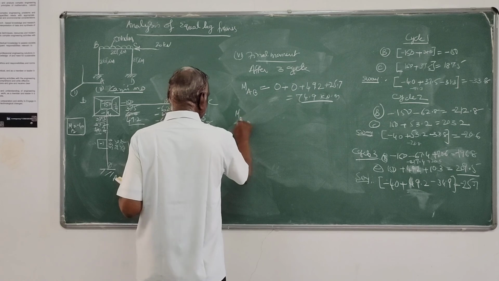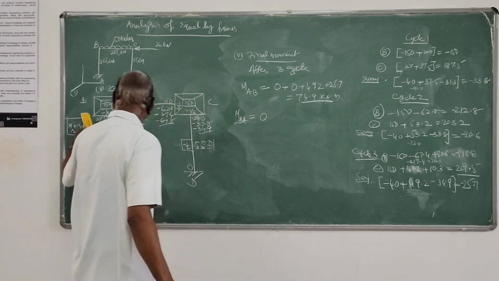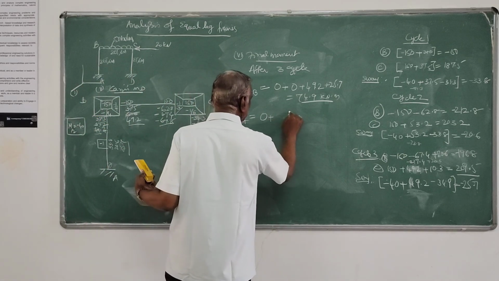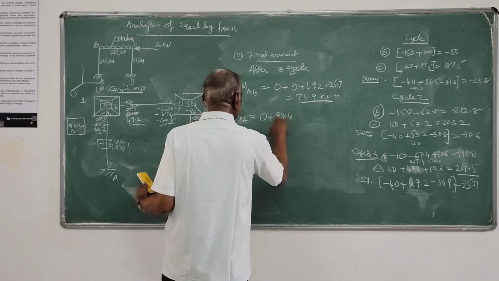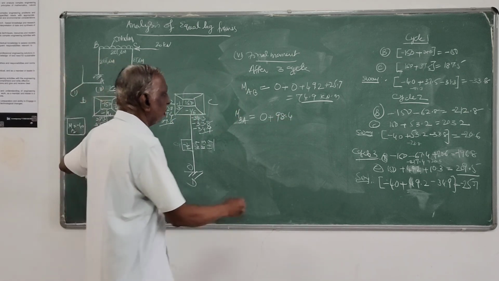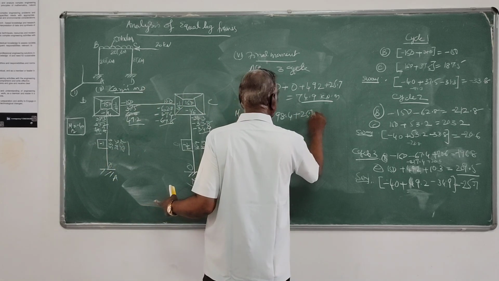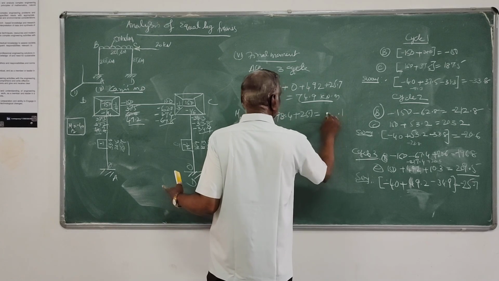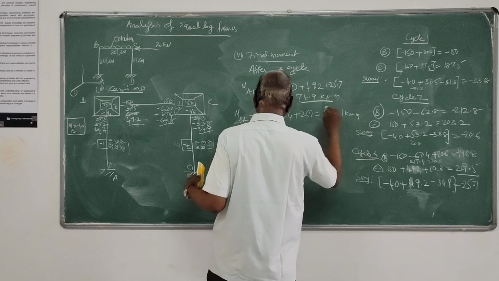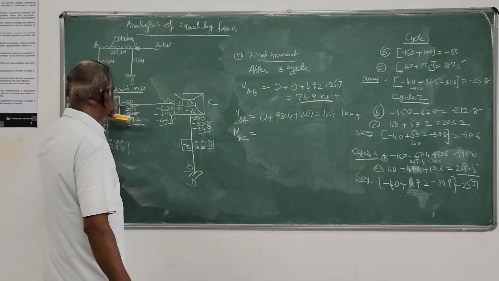Then MBA is equal to the fixed end moment 0, twice rotation contribution, twice into 49.2, that is 98.4, plus rotation contribution at the further end 0, sway contribution 25.7, which is nothing but 124.1 kilonewton meter.